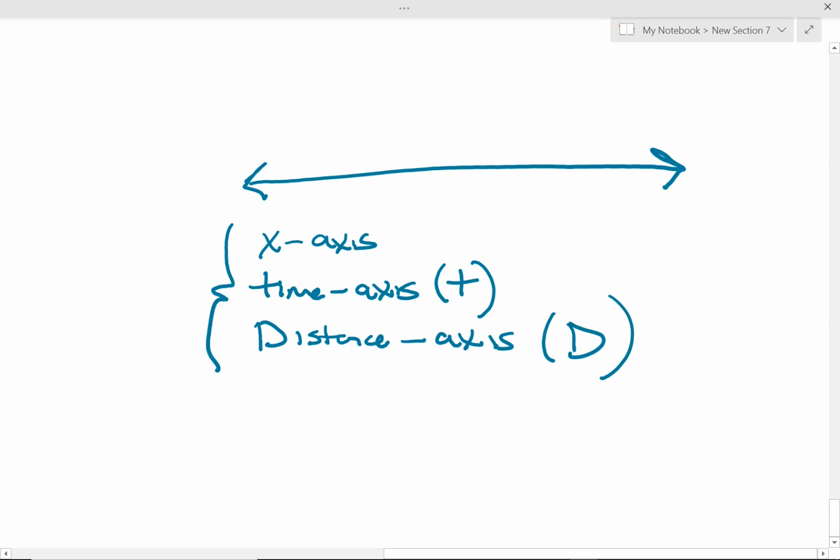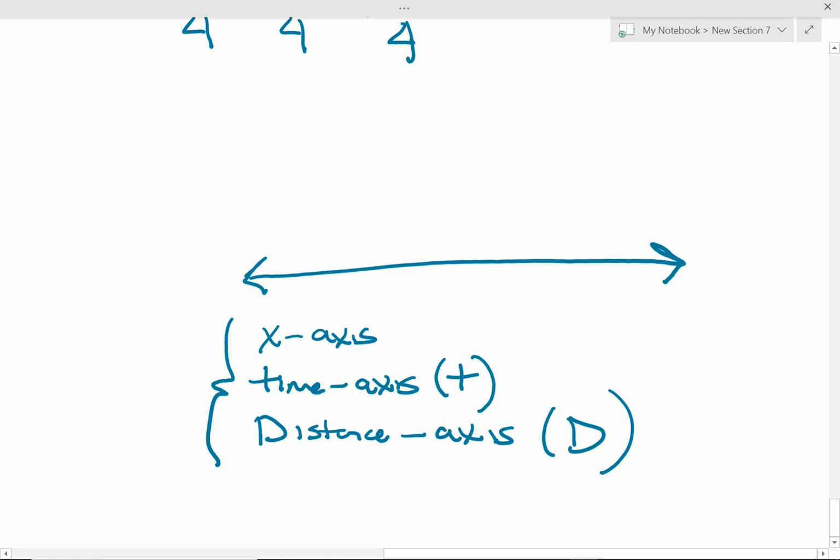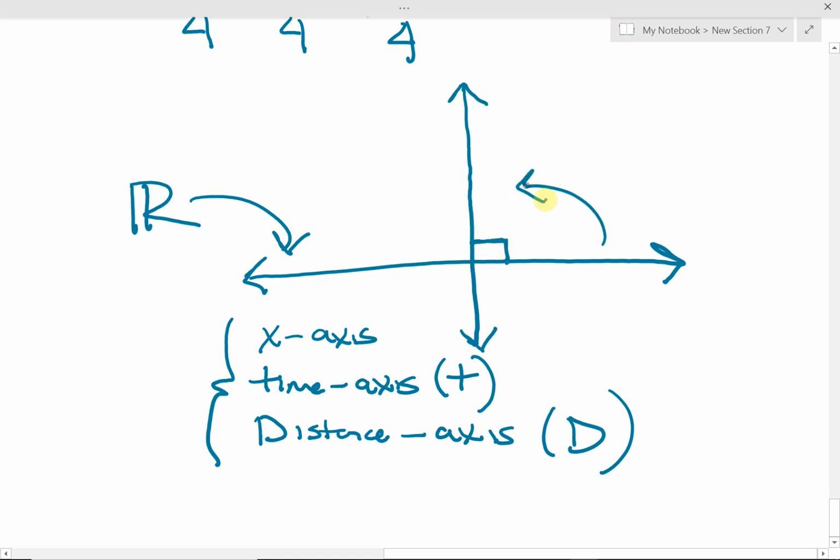So it could represent distance in feet, meters. What we're really doing is taking this set of real numbers, which exist on this number line, and creating a new number line that we rotate 90 degrees, and we add another dimension.